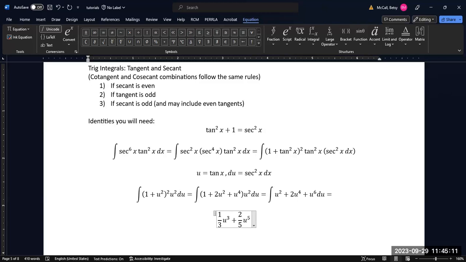And then dividing by 7, I get u to the 7th over 7, plus c. But we're not done. We have to go back to our original x variable. And so we replace our u's with tangents.